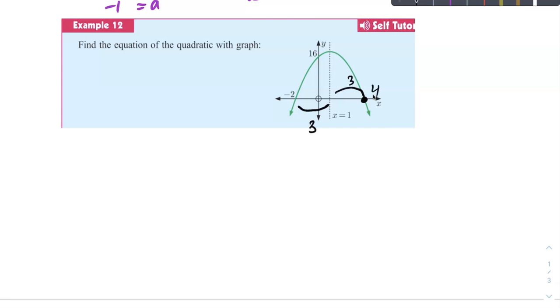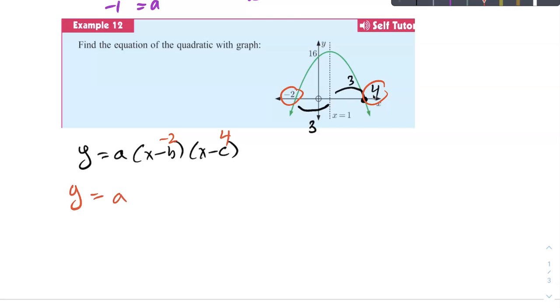And now I can use factored form to solve this. My x-intercepts are -2 and 4. So I get y equals a times x plus 2, x minus 4. And then we plug in the one point we do have, which is our y-intercept, (0, 16).